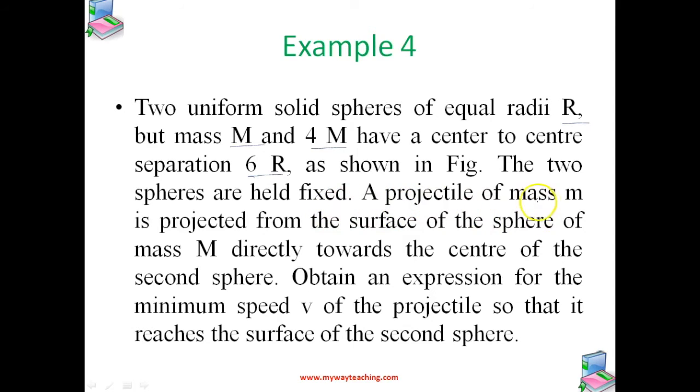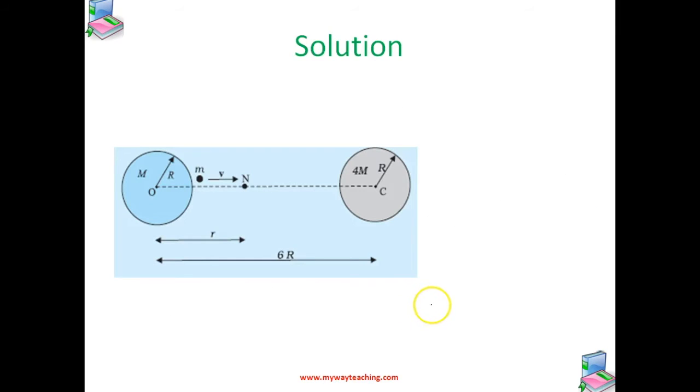A projectile of mass m is projected from the surface of the sphere of mass m directly towards the center of the second sphere. Obtain an expression for the minimum speed v of the projectile so that it reaches the surface of the second sphere. Just consider the figure which is given here.